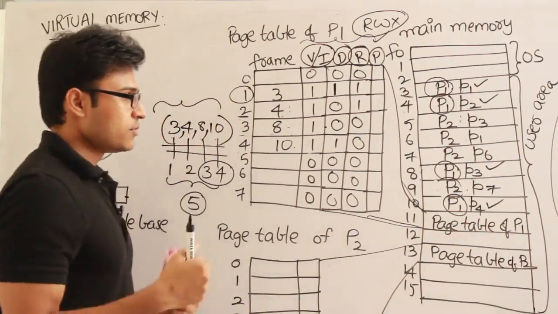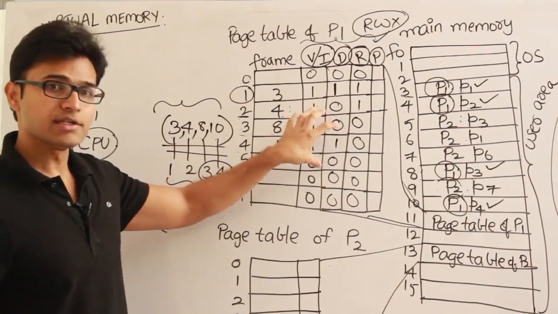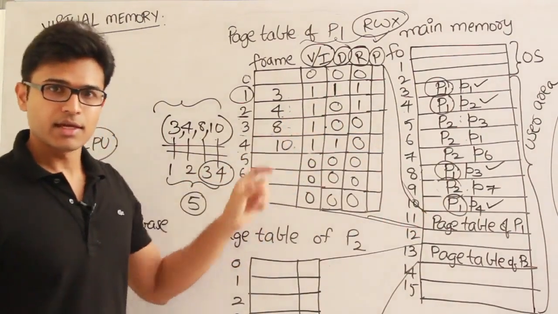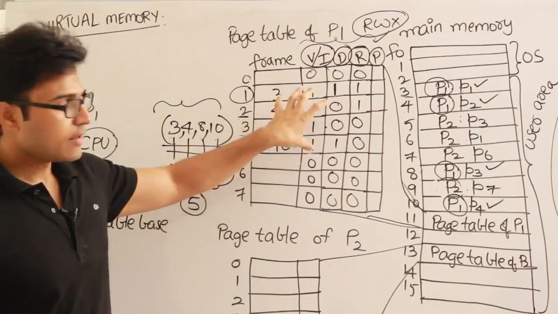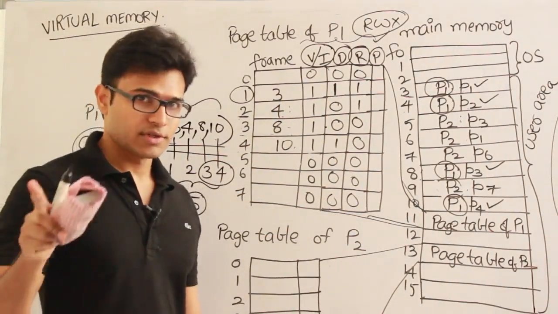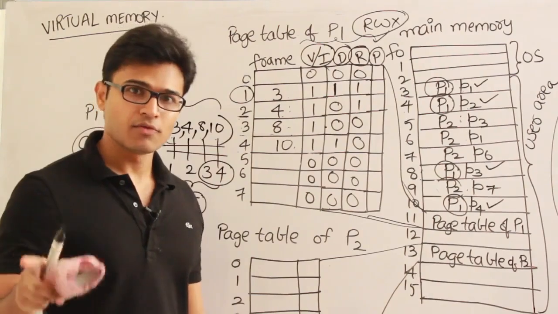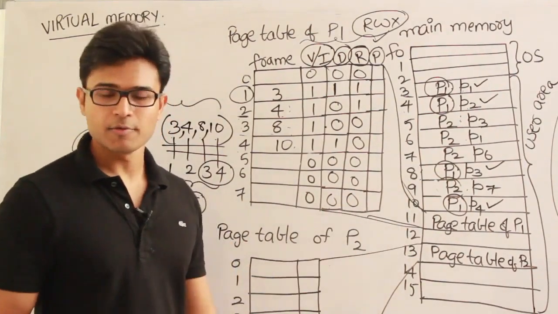So I'm assuming that in this case we are lucky that the page table is fitting in one frame. In that case, I need only one level of paging. So in this one level of paging, this page table is present in frame number 11. So the process has to be present in the main memory. Along with that, its page table also has to be present in the main memory. Yes, it is present in the main memory.